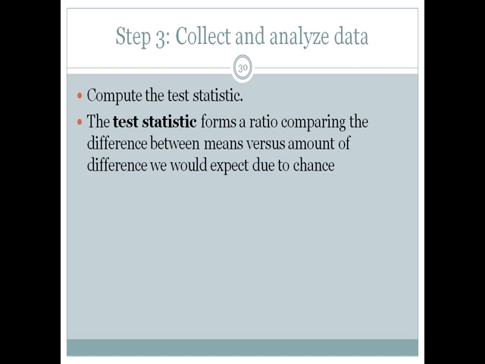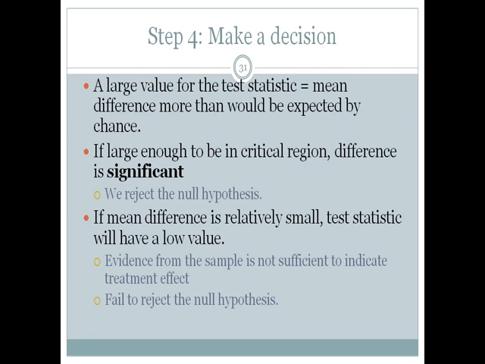The test statistic in this chapter will be z-scores. It forms a ratio comparing the obtained difference between the sample mean and the hypothesized population mean versus the amount of difference we would expect without any treatment effect, which is the standard error. And after we have calculated the test statistic, we go to make a decision. A large value for the test statistic means that the mean difference is more than would be expected by chance.